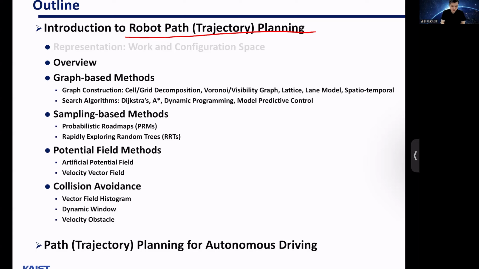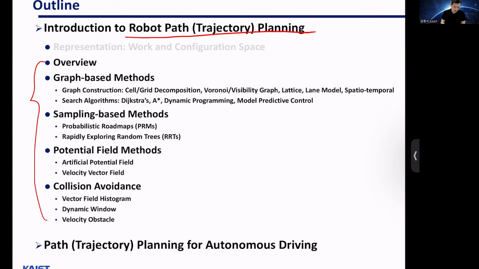So last lecture, if you look at the outline of the last lecture, this was simply lumped into path planning, trajectory planning methods. And if I list out all the contents, then there are many contents.